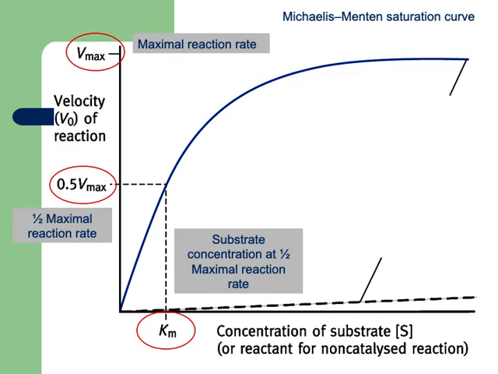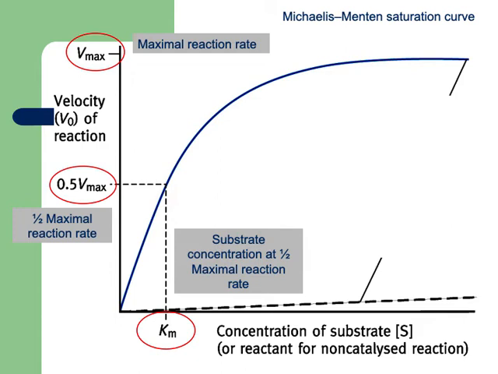So this figure showcases the Michaelis-Menten saturation curve. Essentially we have the pieces that we defined on the previous slide. We have Km on the x-axis, which is the concentration of the substrate at half the maximum reaction rate, or 0.5 Vmax. Vmax on the y-axis is the maximum reaction rate.